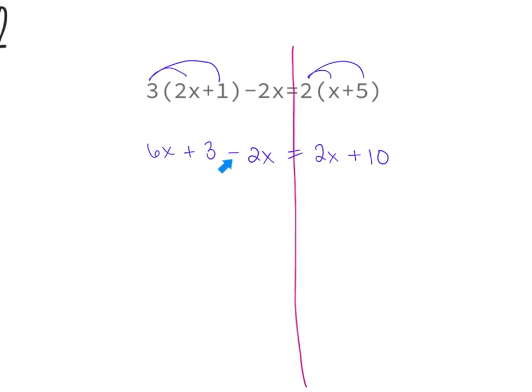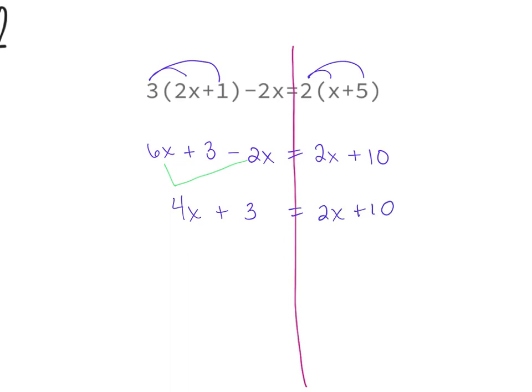So this is like we're adding a negative 2x. The negative needs to stay with the 2x as one full term. So 6x minus 2x is going to give us 4x. Drop down the plus 3. Drop down the equals. And on the right side, 2x plus 10, they're not like terms, so there's nothing to combine there.